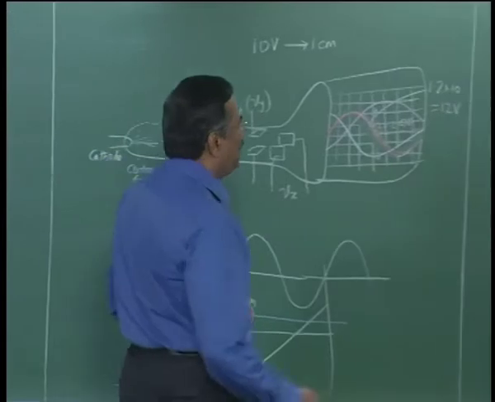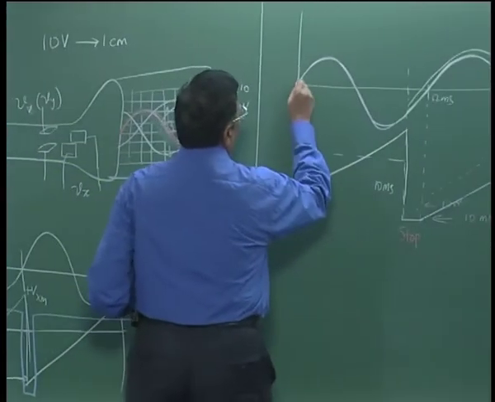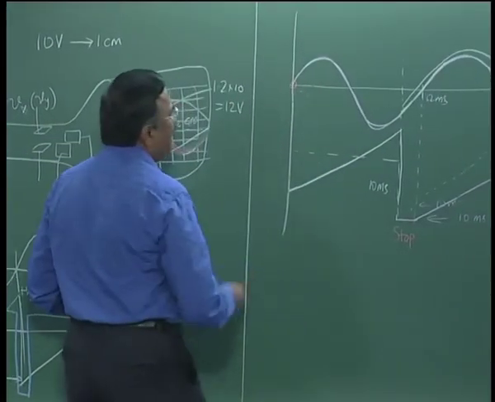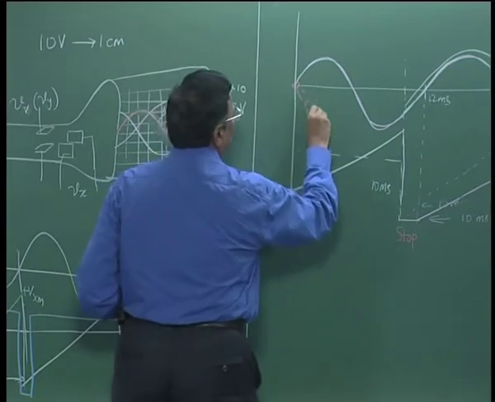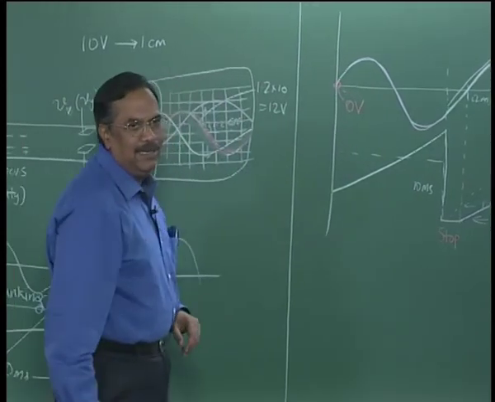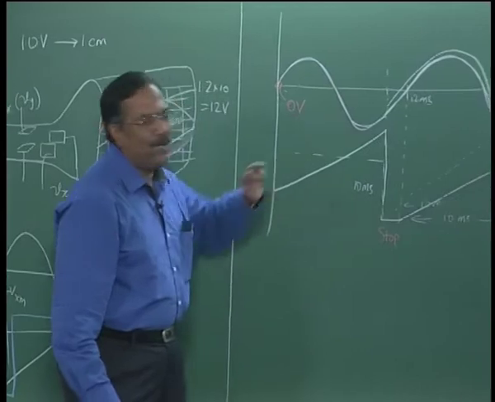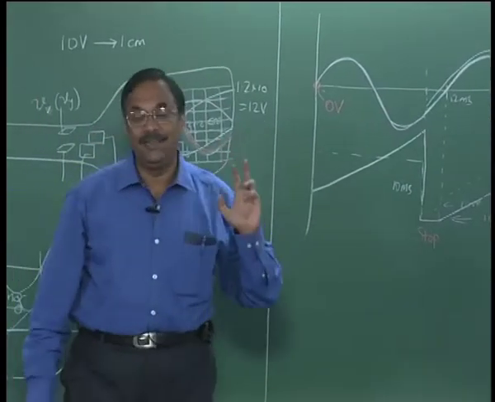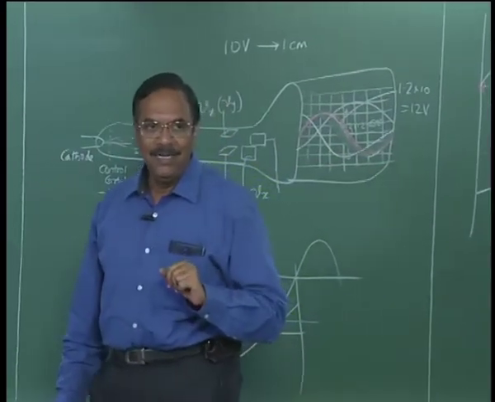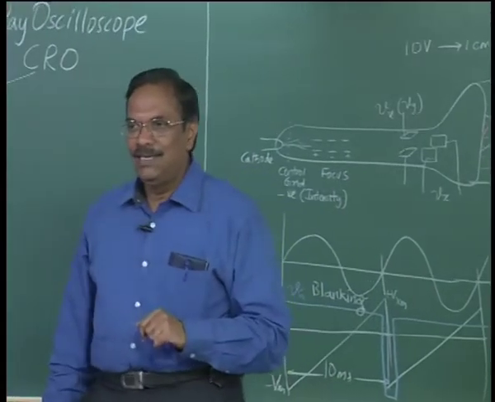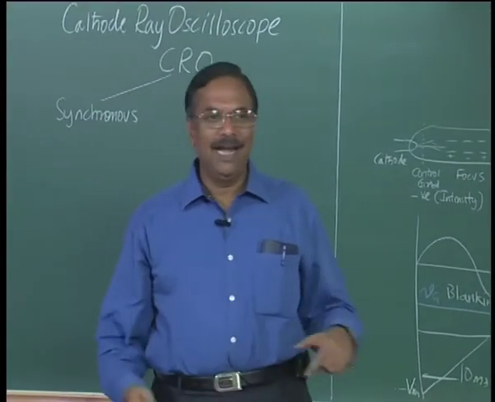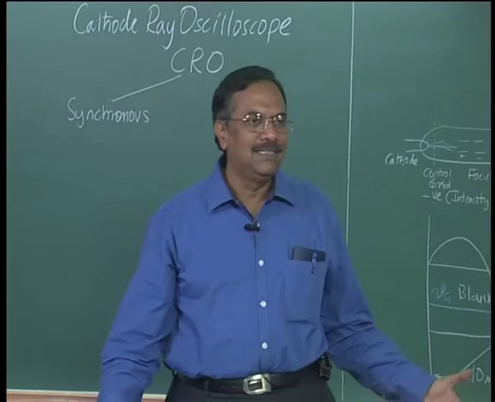For example, I am starting here, so if I say my starting point is 0 volts, right, I see there is another starting point which is not identical to the previous starting point, which is also 0 volts, right, but not identical to my previous starting point.